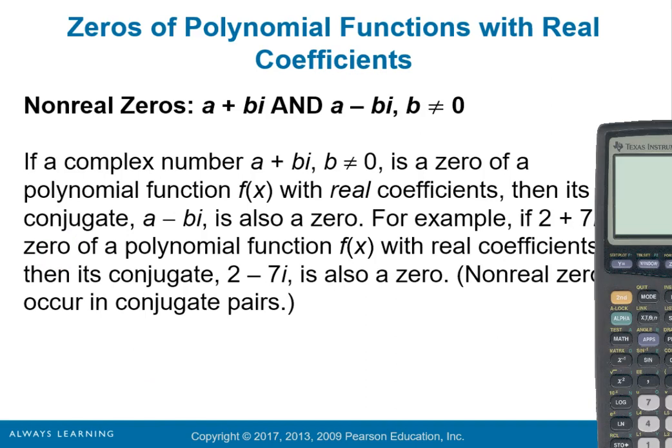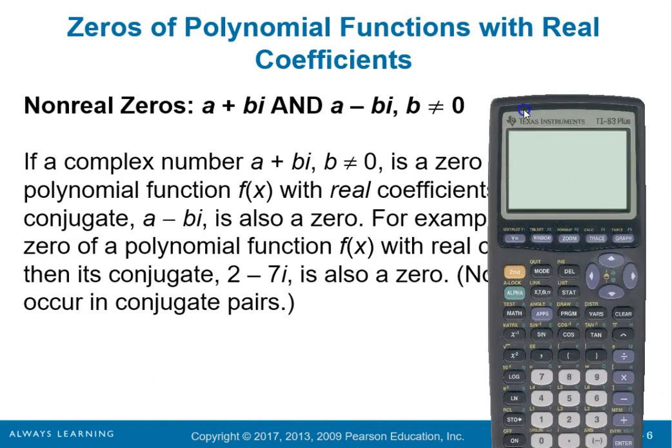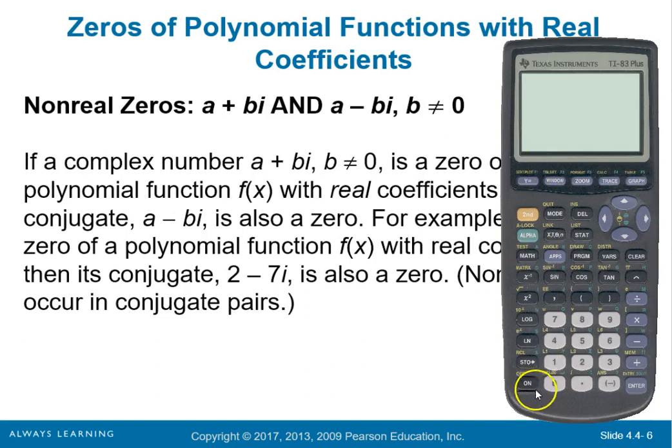Now, if we do that on our calculator, if I was to look for the square root of negative 1, we're going to be told on our calculators that it's a non-real answer. Now, we know that the square root of negative 1 is i.